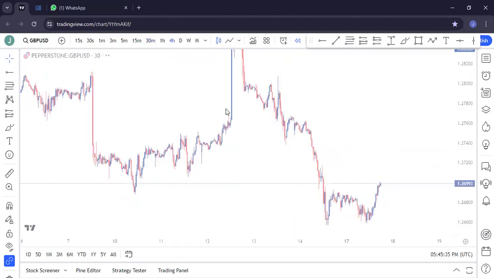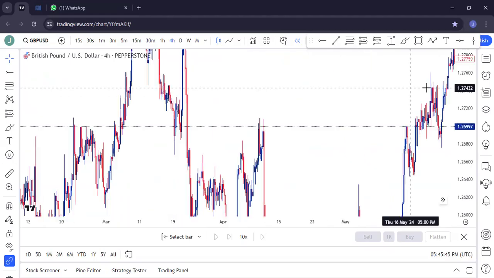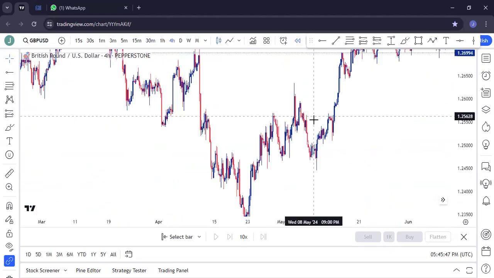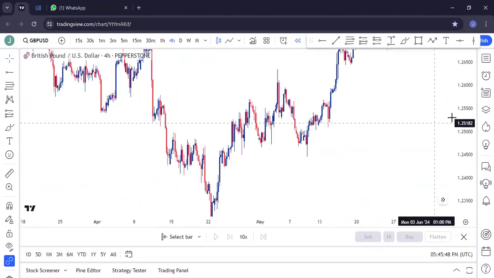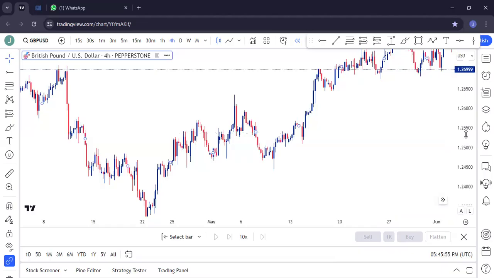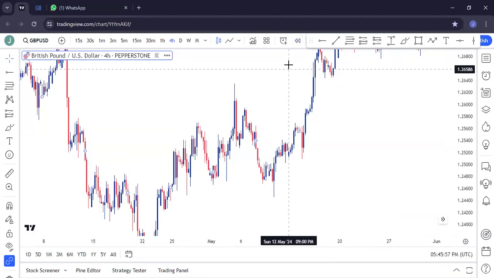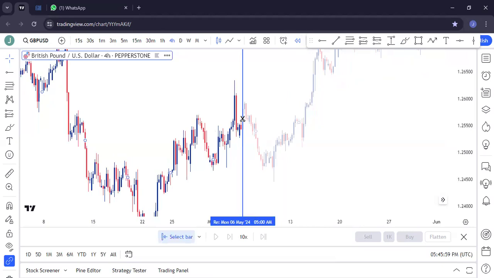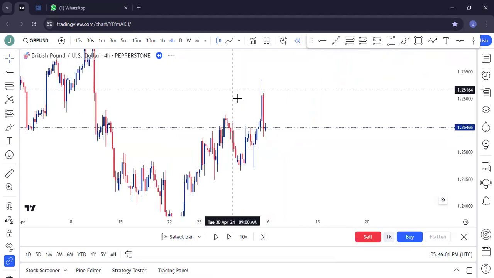Let's find another example. The network is not so great. Let's find another example. Let us see this point here.